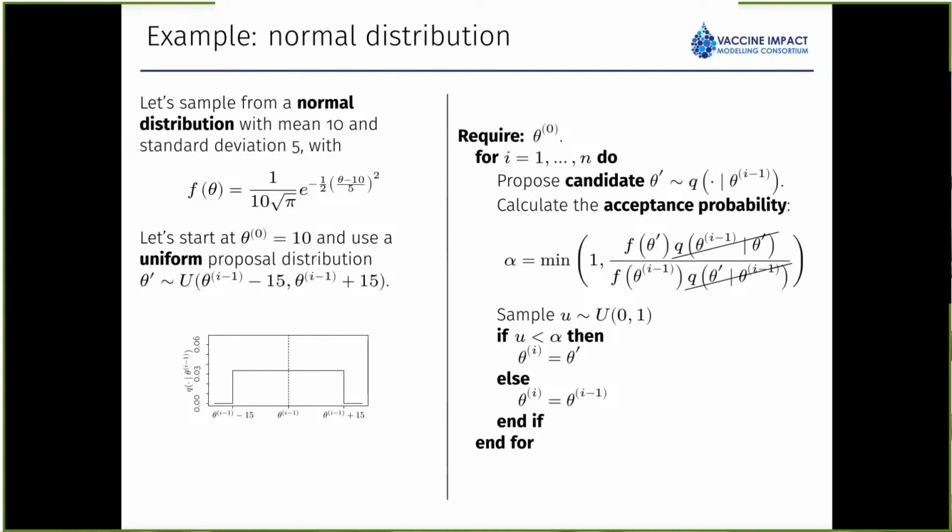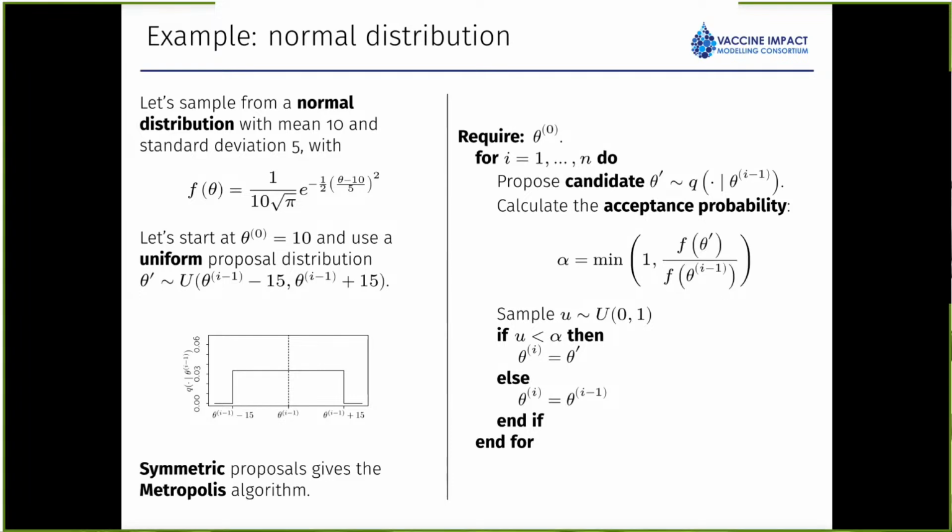This will also work if you have a normal distribution, because a normal distribution is also symmetric. So anytime you have a symmetric proposal distribution, you can just add some noise, and these things cancel out. So in fact, in this circumstance, the acceptance probability is the ratio of the normal density at theta prime divided by the normal density at the previous time point, okay? And then I just run through this process.